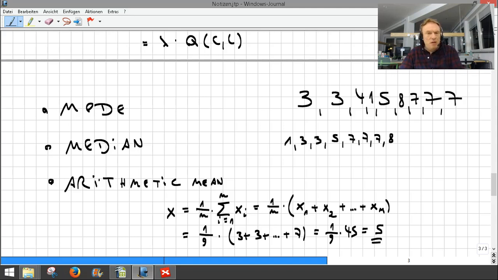Oh, I forgot the 4. So once again, it is 1, 3, 3, 4, 5, 7, 7, 7, 8. Let's check: are those 9 numbers or not? 1, 2, 3, 4, 5, 6, 7, 8, 9, which is true now. So that's the sample again, but put into a different order.